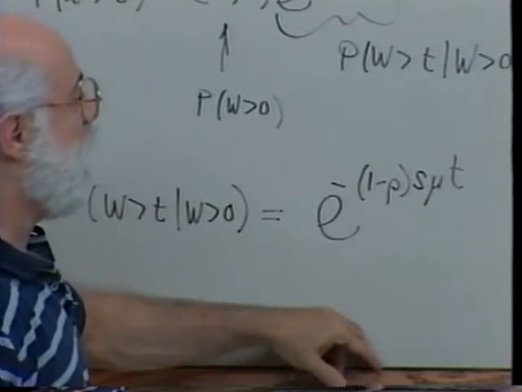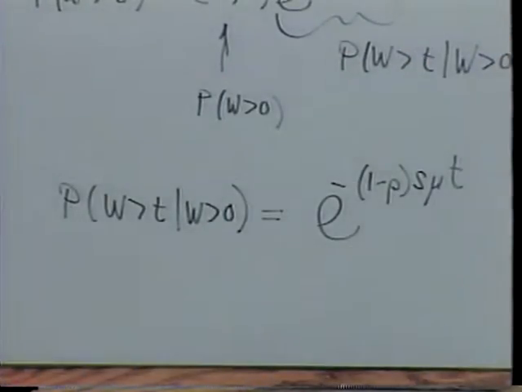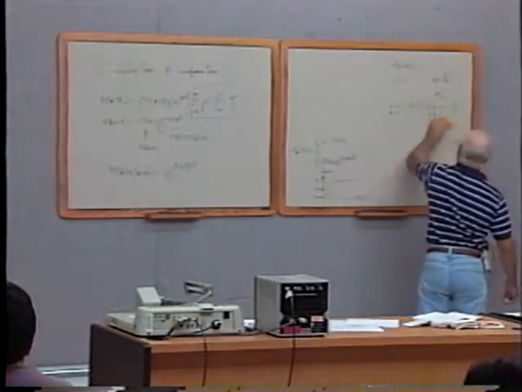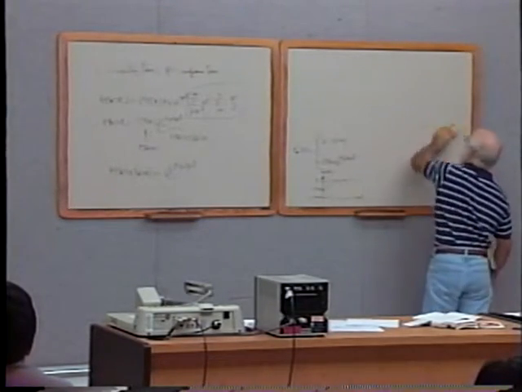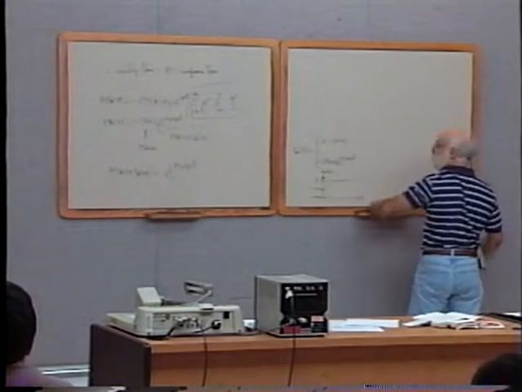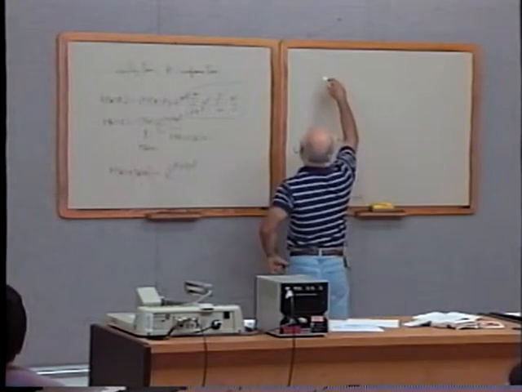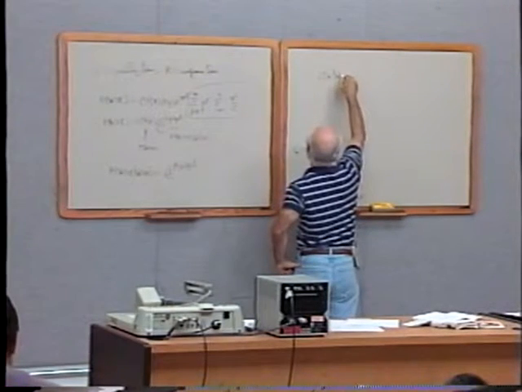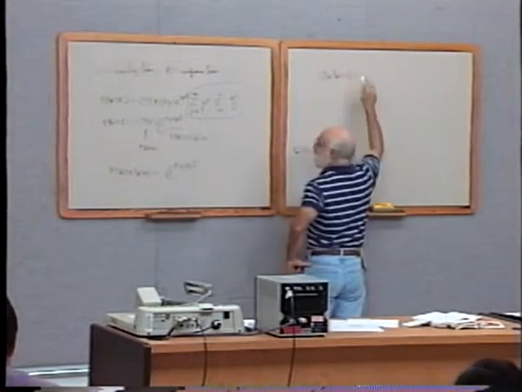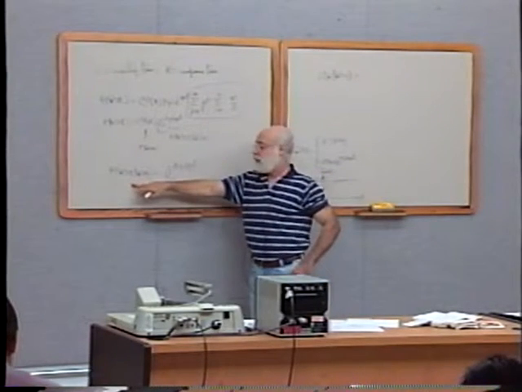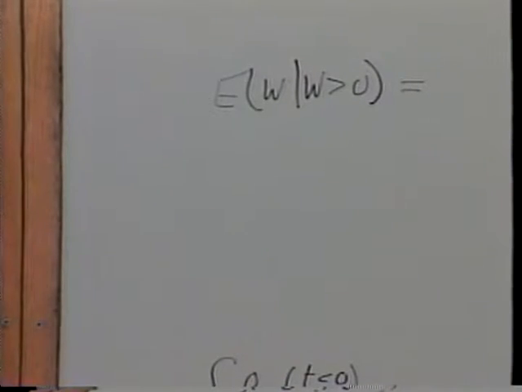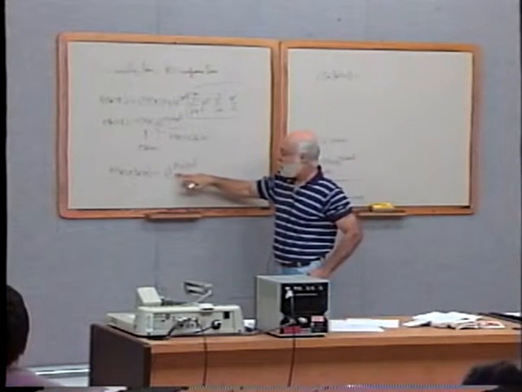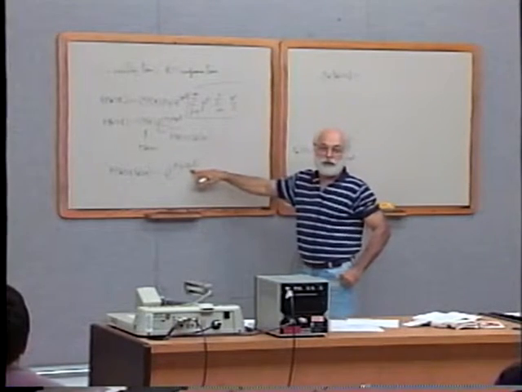Now some of the questions I want to answer about this, let me go over to here. What about the expected waiting time? All right, so right away I get some formulas here. I find that the expected value of the waiting time, given that the waiting time is greater than 0. I can get that directly from here, because if I know the conditional distribution of w is exponential, then I know its expected value is the reciprocal of the thing that multiplies t in the exponent.